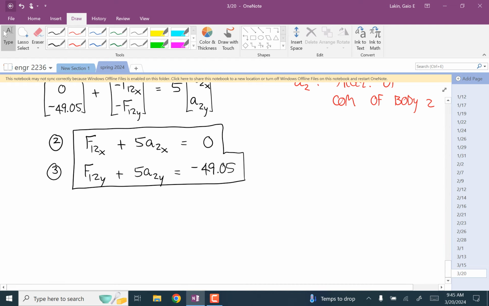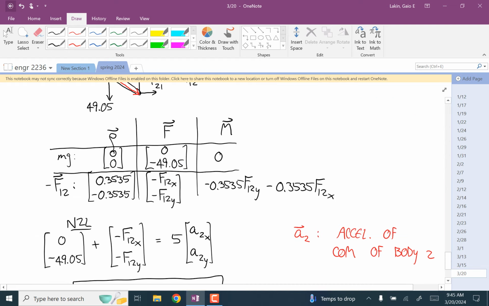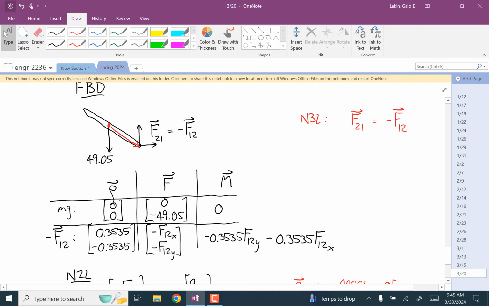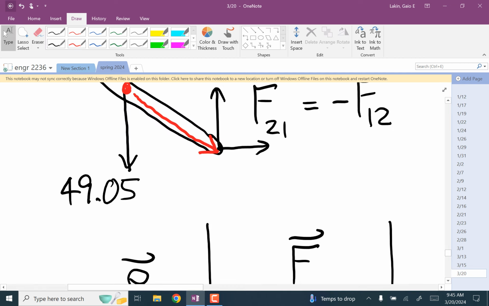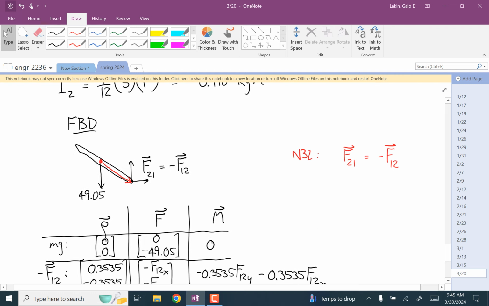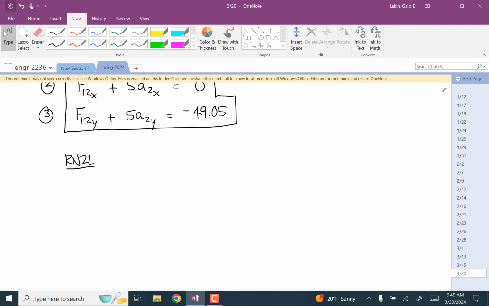And now we'll go to the moment equation. Okay, so the moment equation.